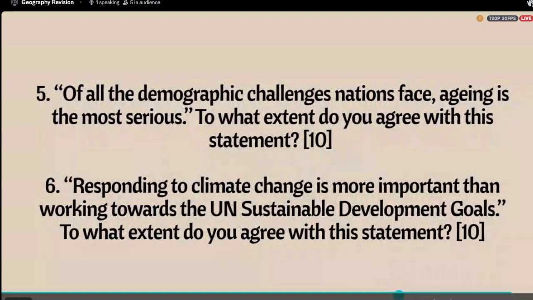I think for this one, you could talk about, let's see. Oh, yes. Do you know the earthquake in Haiti? The one where I think it was the World Food Program brought in farmers to help them rebuild their situation after the earthquake. I think that's a good example because it's responding to a climate-induced disaster, but at the same time it's also working towards the UN SDGs.